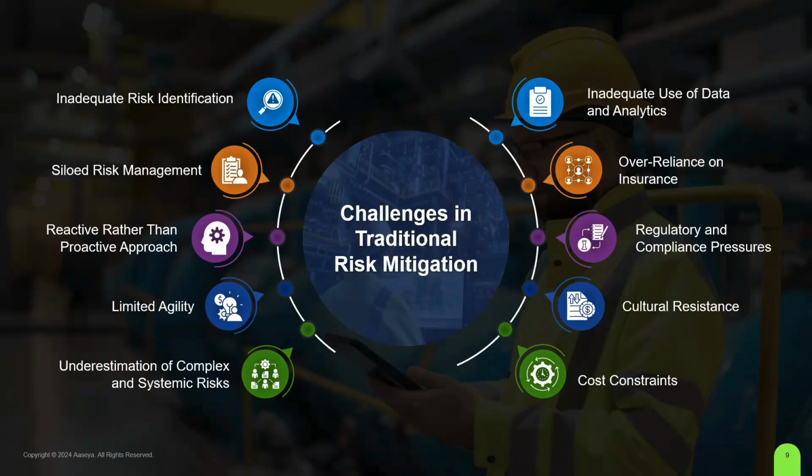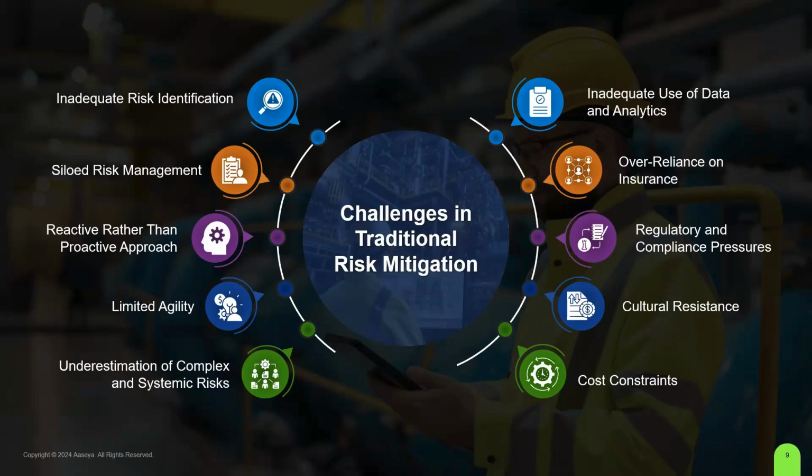Reactive risk mitigation means that organizations respond to risk only after they have materialized or started to cause damage. This delay in addressing emerging risks can result in higher costs, operational disruptions, and lost opportunities. Four, limited agility.